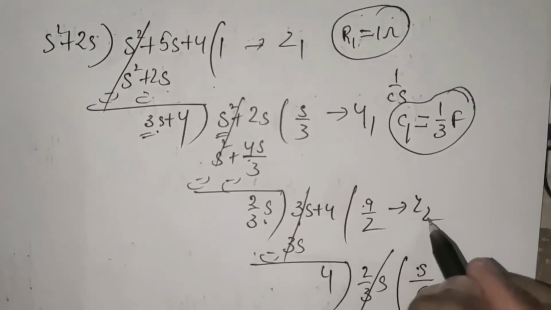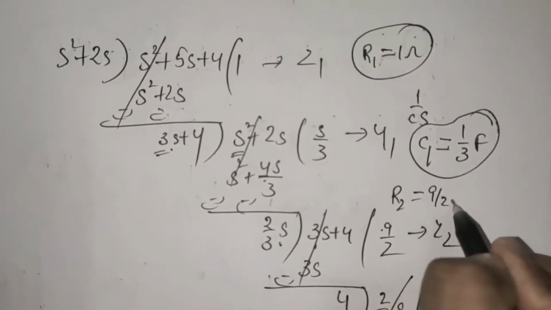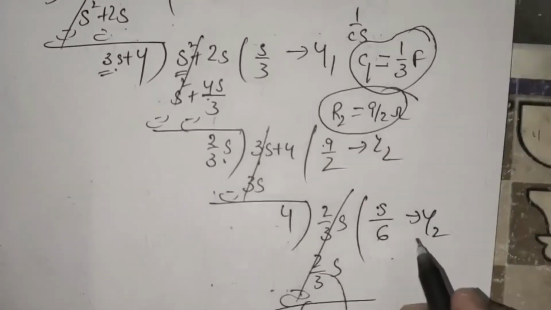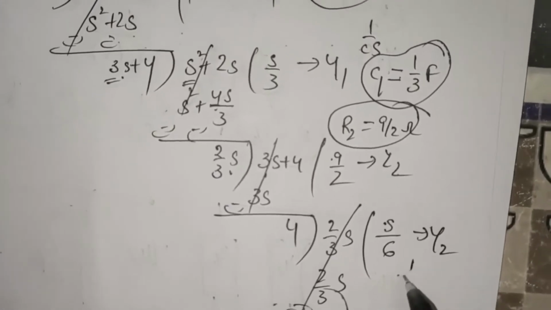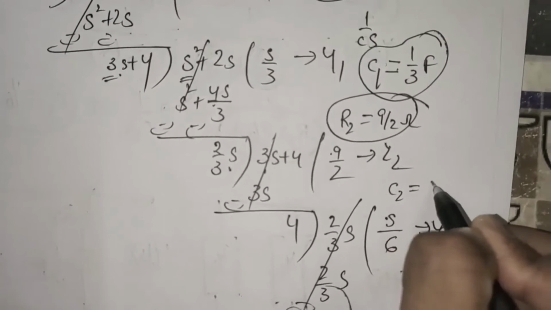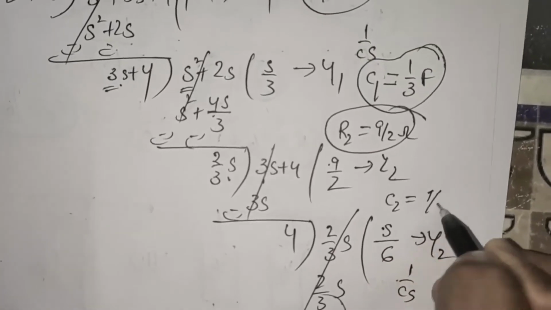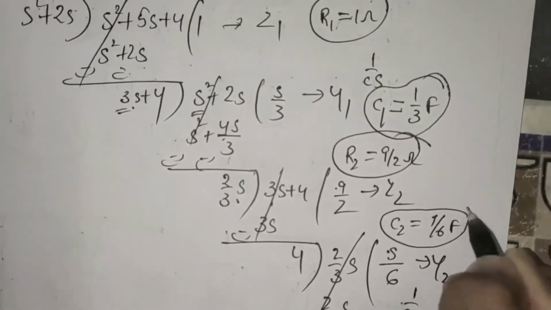Here again impedance is a constant, so R2 is equal to 9 by 2 ohms. And here, since again it is in the form of 1 by Cs, C2 value is 1 by 6 farads.